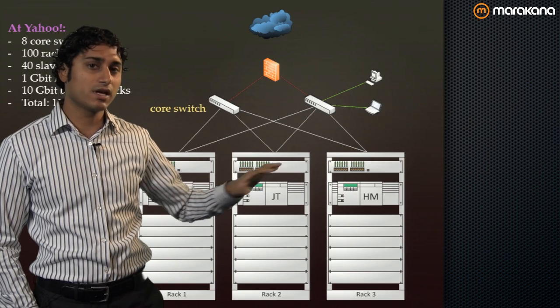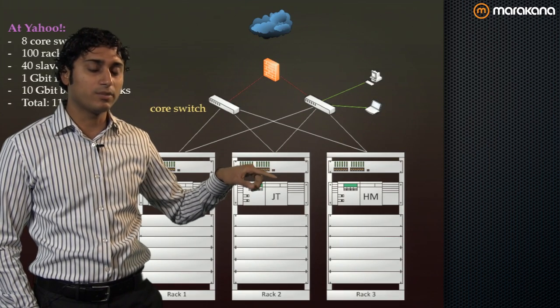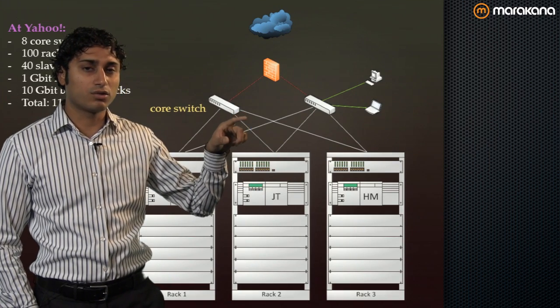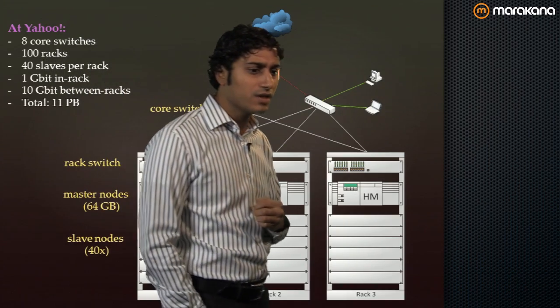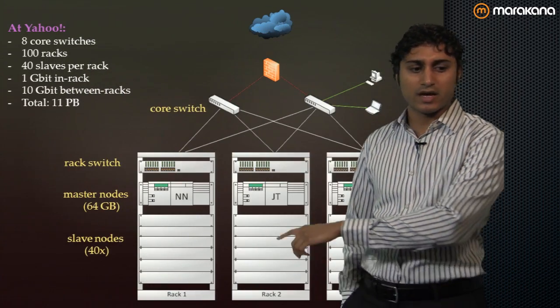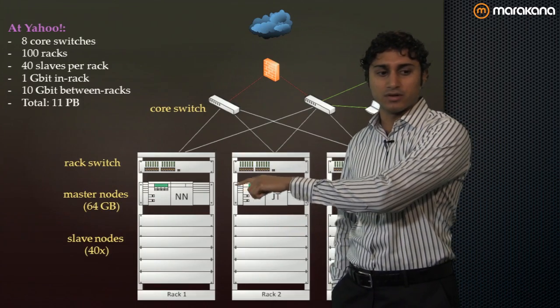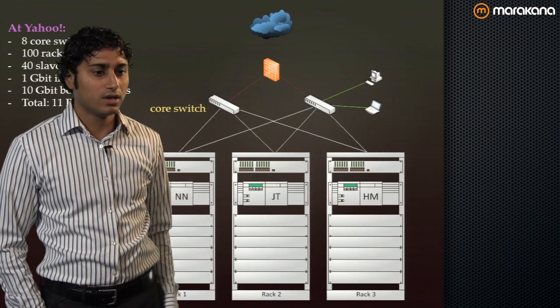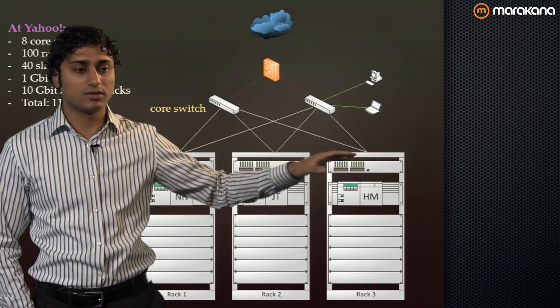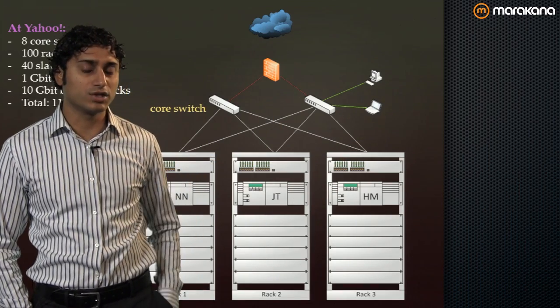This should be a dedicated network, though, at the top of the rack switch layer and at the core switch, dedicated for HDFS and MapReduce. You'll see that some of these racks also have master nodes like the NameNode or the JobTracker or the HBase master. But if you have 100 racks, a lot of the racks will have no master machines on them.